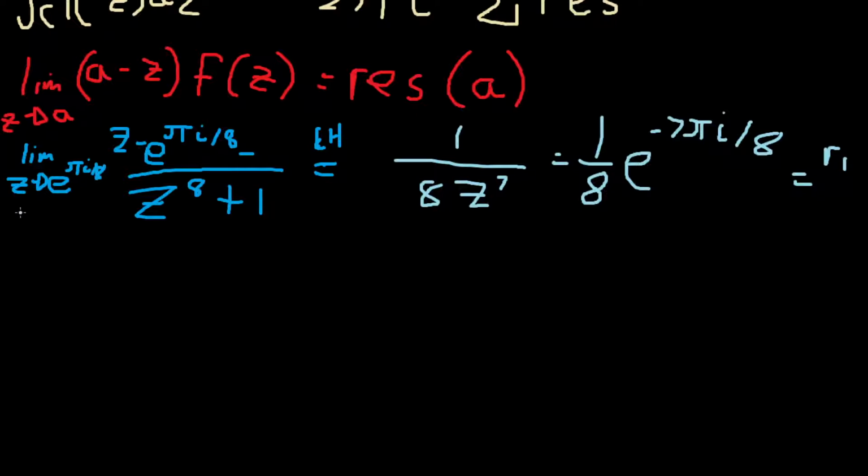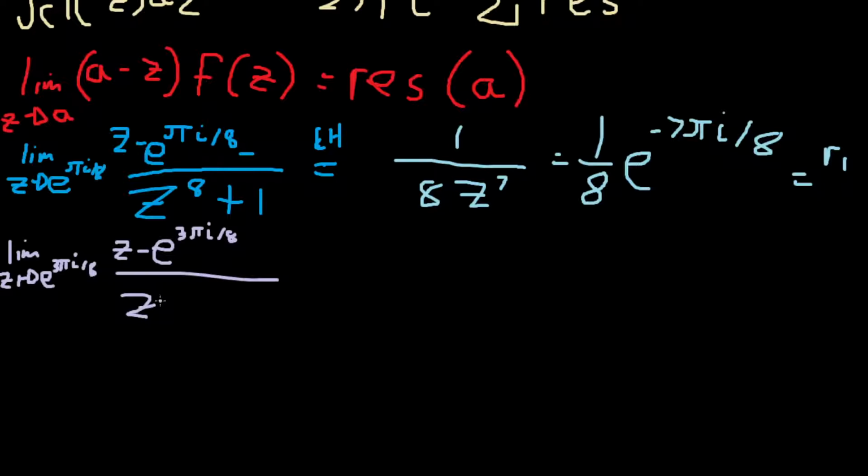So r2, we're going to get the limit as z goes to e to the 3 pi i over 8 of z minus e to the 3 pi i over 8 over z to the 8th plus 1.